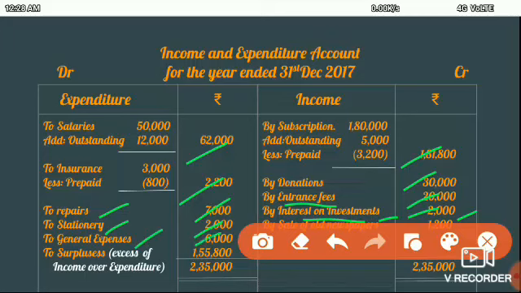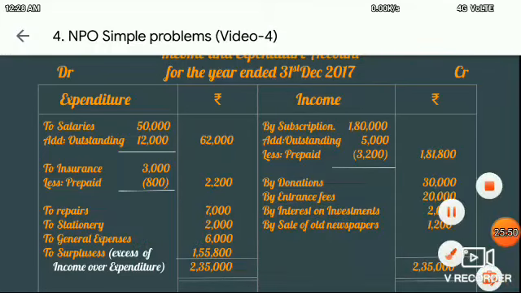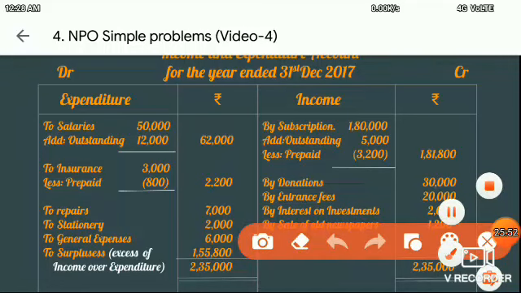After the entry of the items, we will try to check the debit side and the credit side. That means we will check the income and the expenditure. So we are going to add all the items. After adding the income side and the expenditure side, I find that the incomes are more.